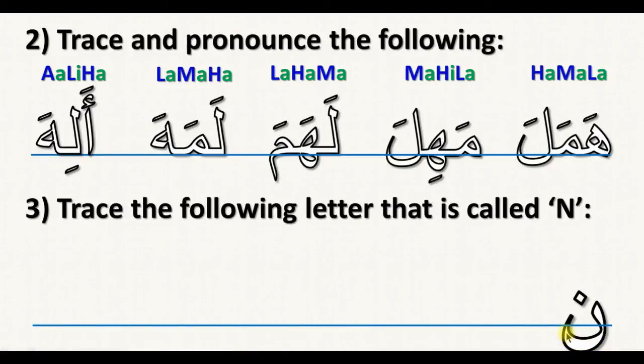Then you go across and then you go up once again. After that you put in the dot. And so you have the letter N here. How will the N appear in the different parts of a word?